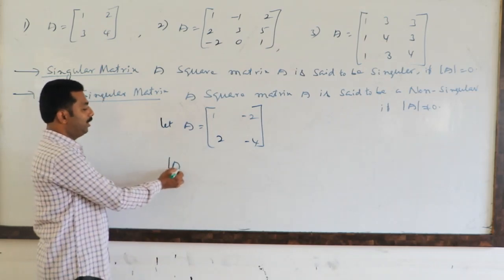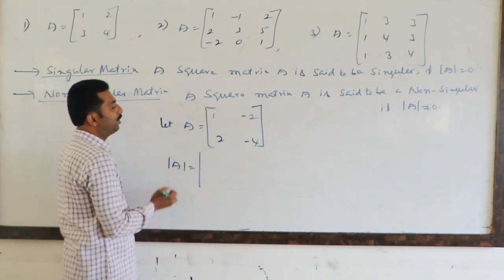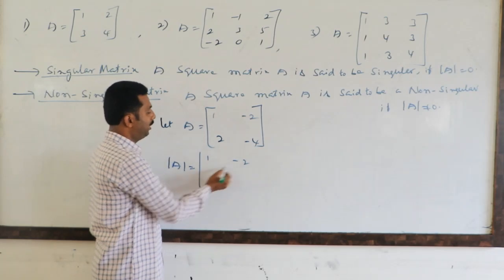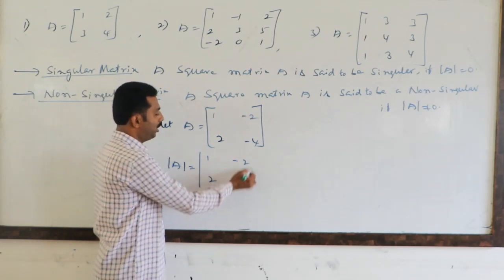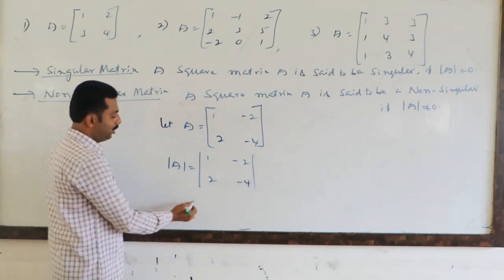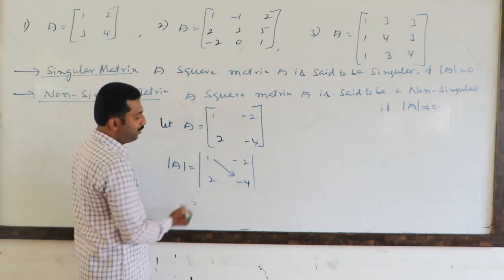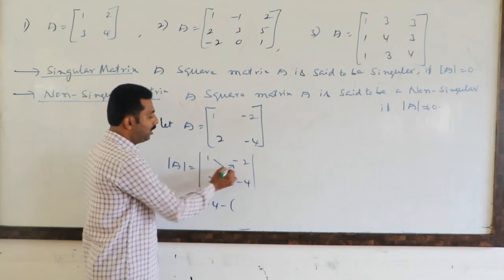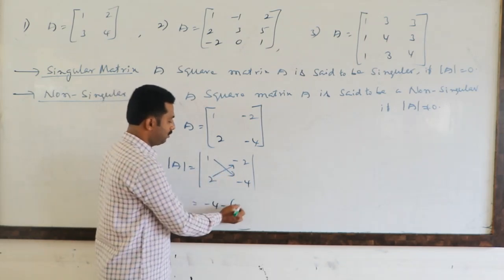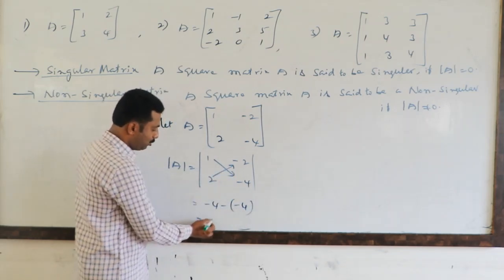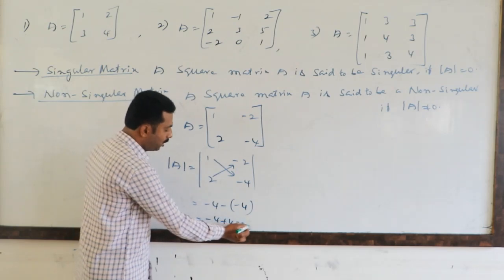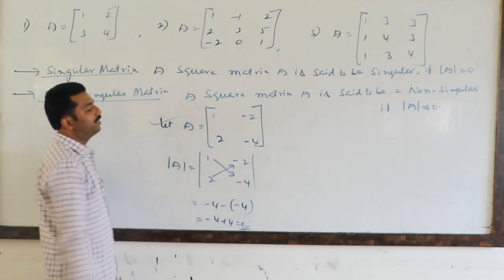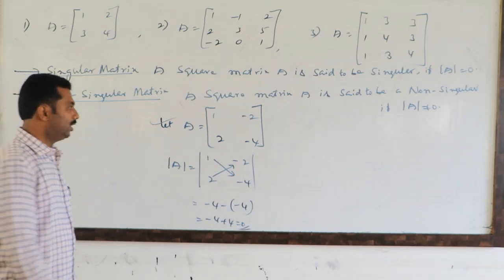What is the determinant of A? Nothing but the determinant of 1 2, 2 4. Product of the principal diagonal elements, 4. Product of the remaining diagonal elements, 4. So this is 4 minus 4, nothing but 0. So this is a singular matrix.